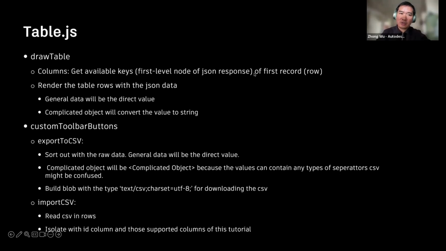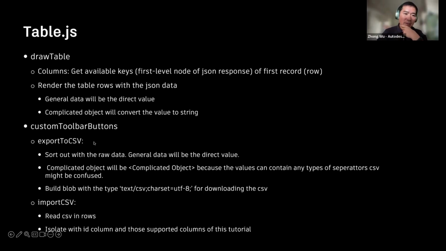So the key should be the column and the value should be the list. It will automatically get all the keys from the JSON response to be used as the names of the columns, and we will render the table with the JSON data.